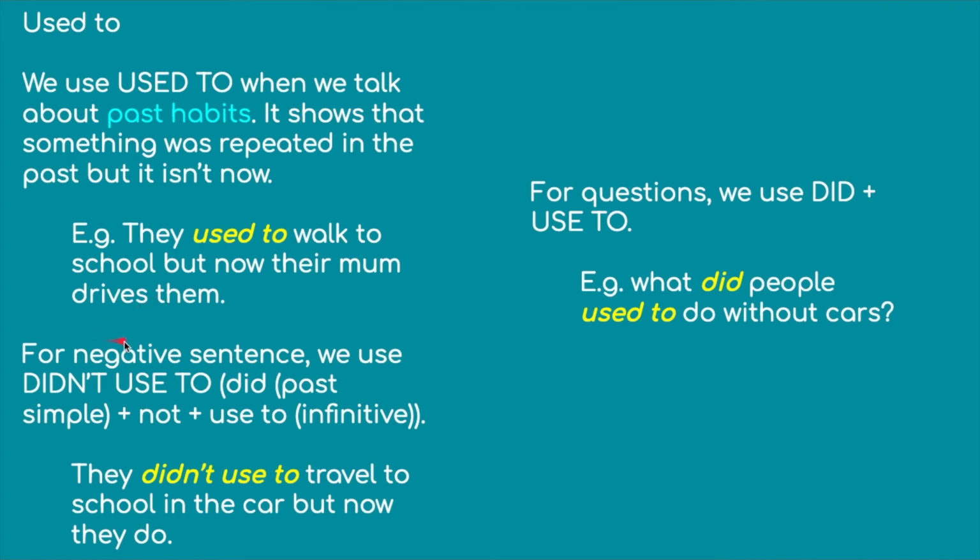For negative sentences, we use didn't used to. So that's did, not, and used to in its base form. So they didn't used to travel to school in the car, but now they do.